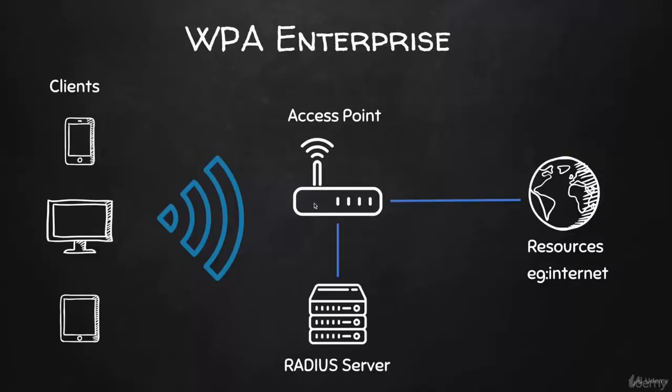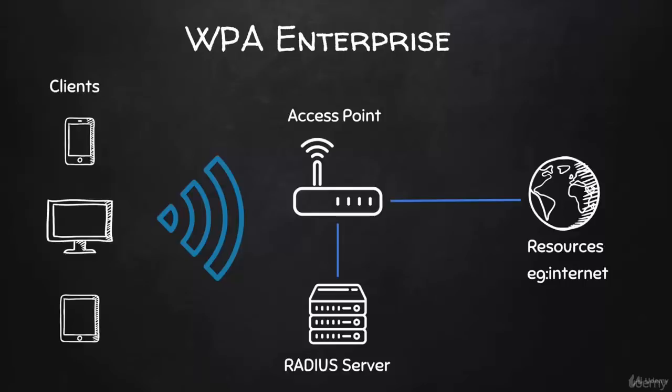It will literally just forward that to the radius server. The radius server is the brain, or the entity that decides whether this form of authentication is correct or not. If the username and password are correct, it's going to tell the access point, okay, these are correct, allow this device to access the resource, whether it's the internet or the network.